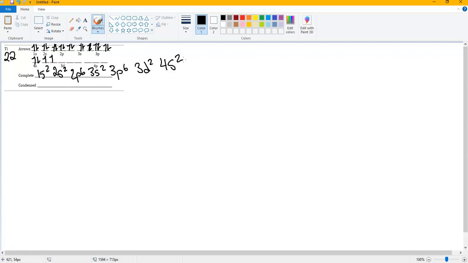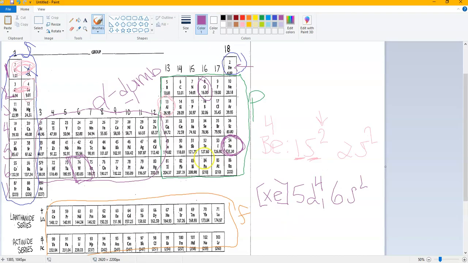Okay? And then while we're here, why don't we practice our condensed version? So if I look at 3p6, I'm going to look at my periodic table. So the 3rd row and then the p orbital is argon, which is the noble gas that comes right before titanium.